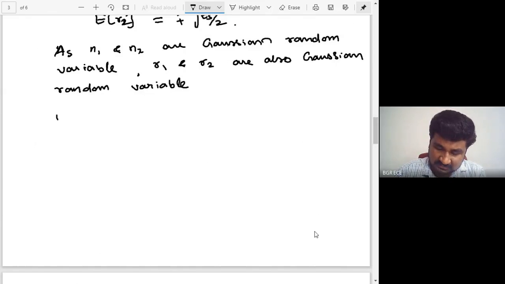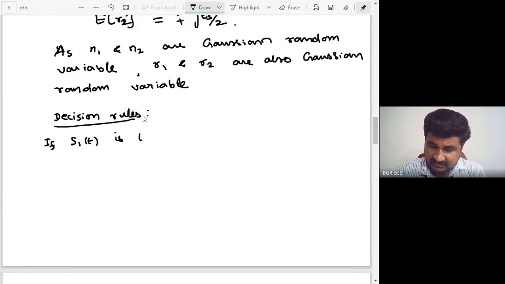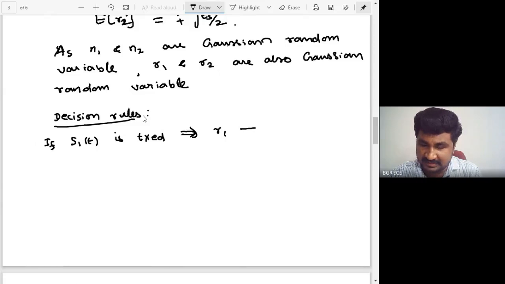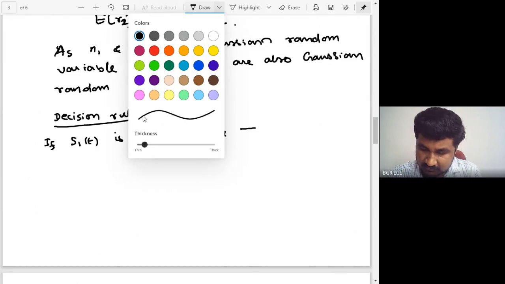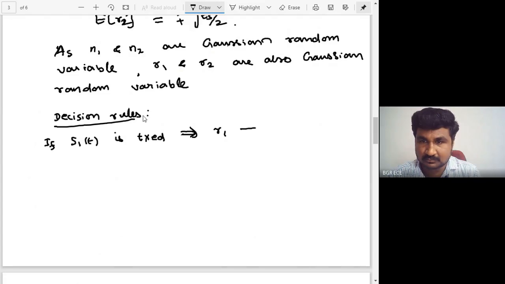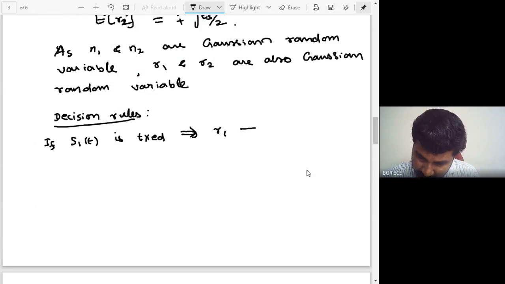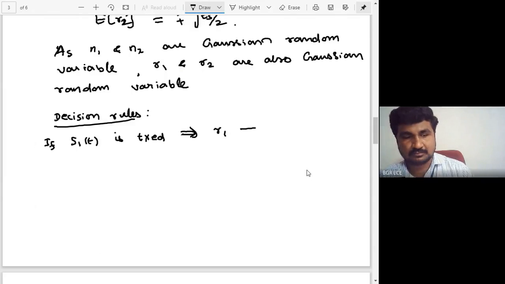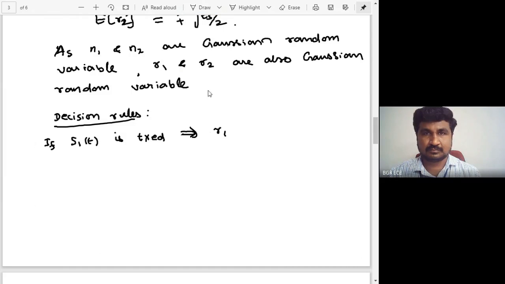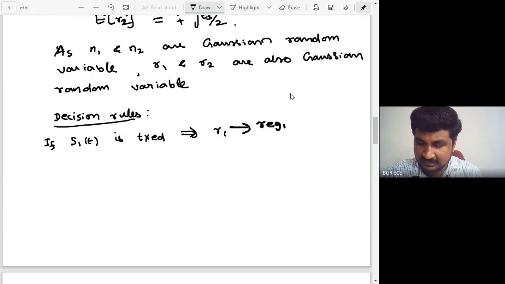And the decision rules are: if S1 of t is transmitted, then R1 should fall in region Z1.